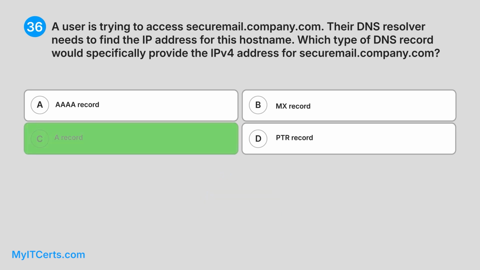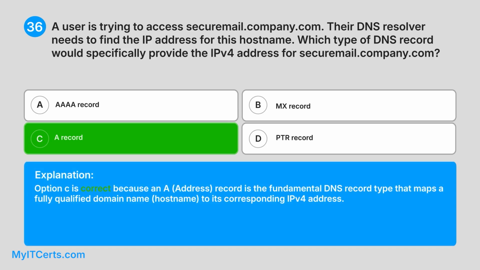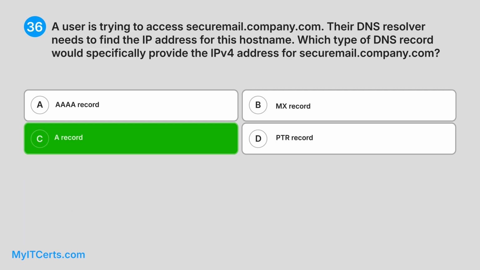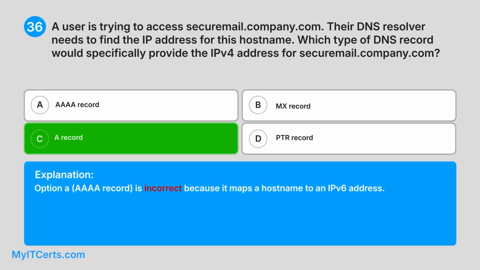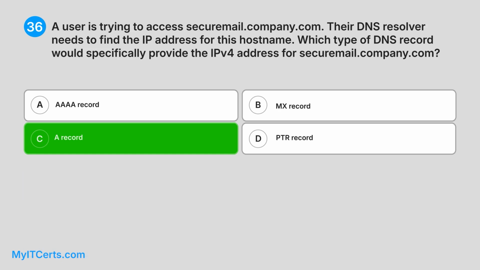Correct answer, C. A record. Explanation: Option C is correct because an A, address record, is the fundamental DNS record type that maps a fully qualified domain name, host name, to its corresponding IPv4 address. Option A, AAAA record, is incorrect because it maps a host name to an IPv6 address.